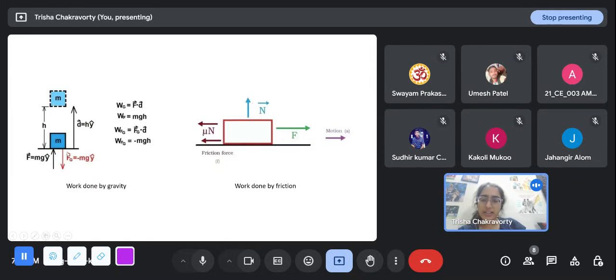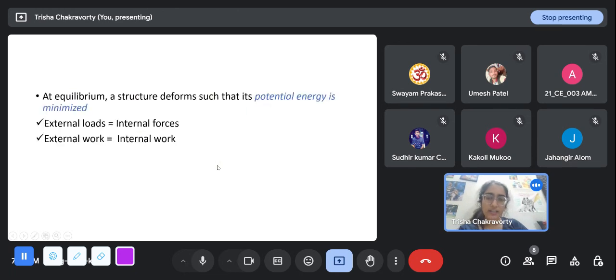So it will be mgh irrespective. But friction depends. The frictional force does not work like that. It will depend on the path we are taking it along.